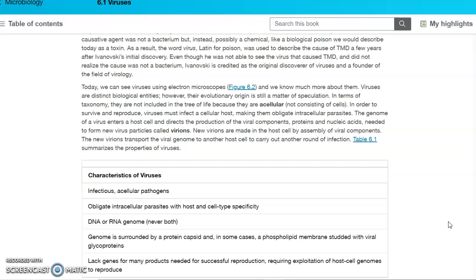The genome, the genetic material of the virus, will enter the host cell and basically take over the host cell. Instead of the host being able to produce its own proteins and do its own thing, it's going to start cranking out parts of the virus and produce these new virus particles called virions. Then those are assembled and then released outside of the cell.